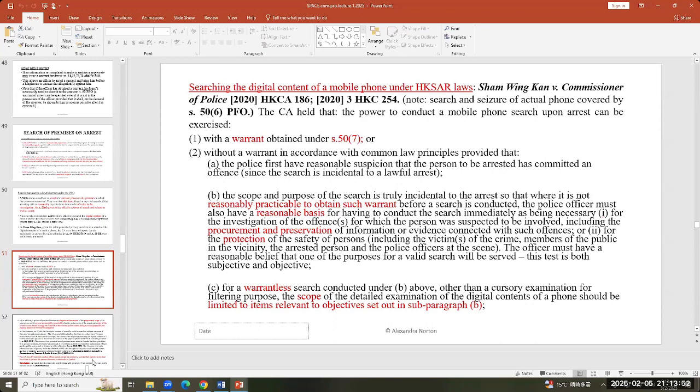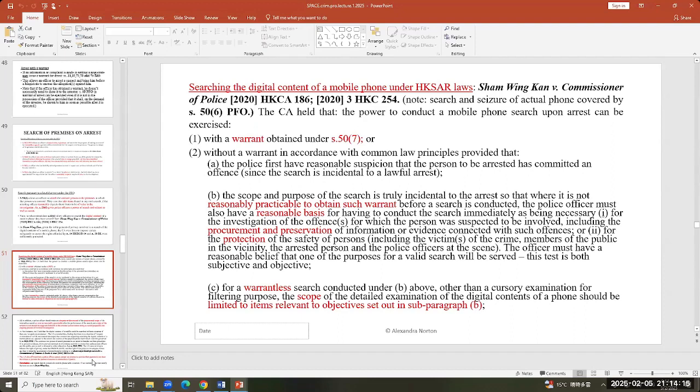So they have to have this reasonable suspicion that an offense has been committed. The search has to be truly incidental to that reasonable suspicion. In other words, they have to have an offense in mind, and the search has to be connected to that offense that they are arresting for, right?